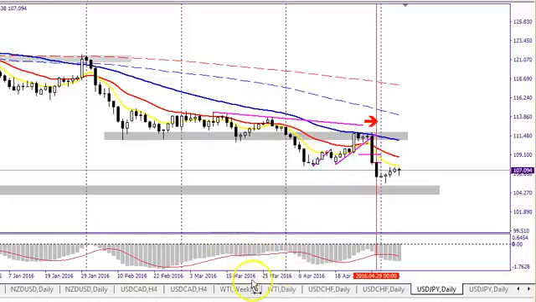The Japanese currency is one of the strongest right now, and the U.S. currency is weak against it. The U.S. currency is strong against the other currencies, but against the Japanese yen it is weaker. Just bear that in mind.